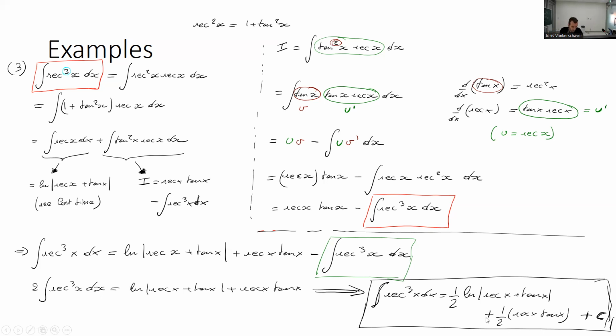And that's something that we'll see a couple of times now in these reduction formulas. This happens in some cases where you can't solve your integral on the nose, but you can make it simpler and therefore arrive at the result after a few steps.